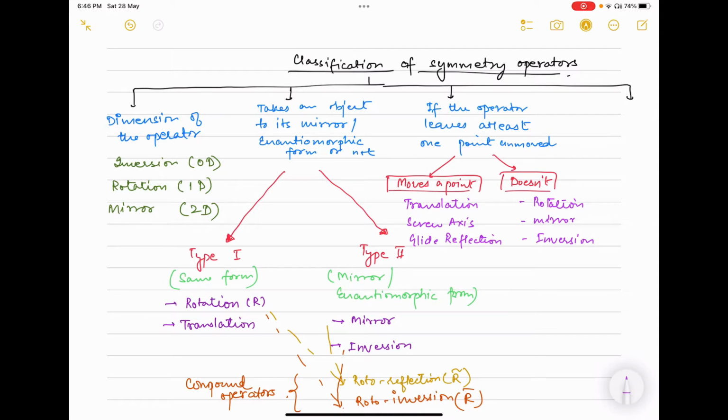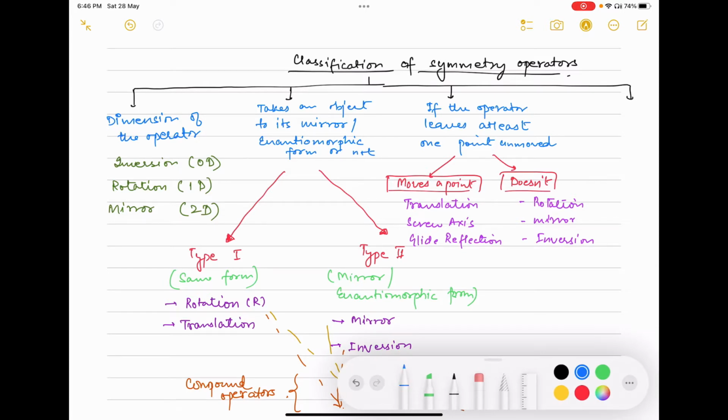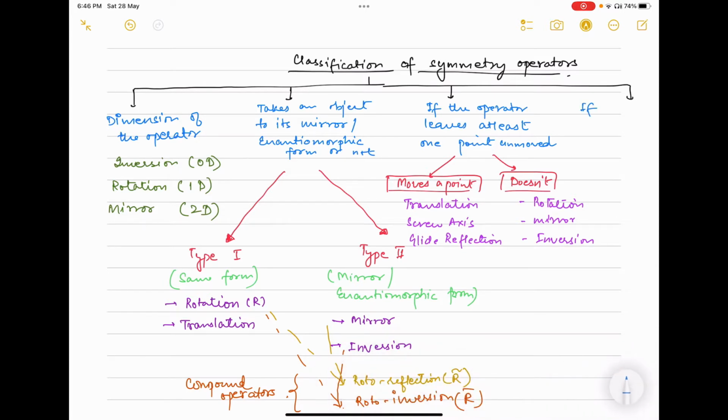and the last is if it plays a role in the external shape of the crystal. Okay, now this can be again divided into two types. So these are macroscopic and microscopic symmetries.